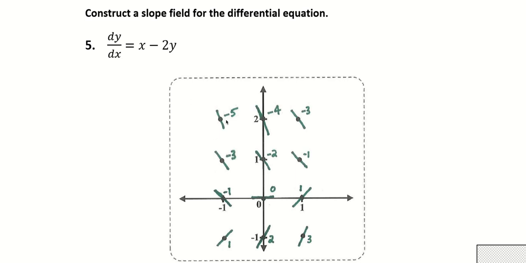I think you probably get the picture by now. But for this point, this is -1, 2. If you plugged in -1 for x and +2 for y, it would end up as -1 minus 4, and that's where you get a dy/dx, a slope, of -5. That's getting pretty steep downhill.